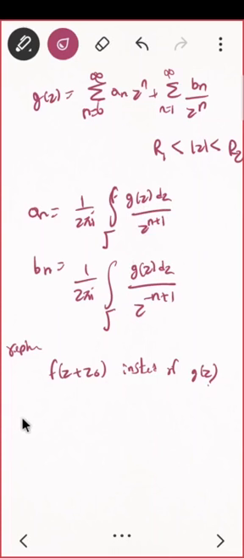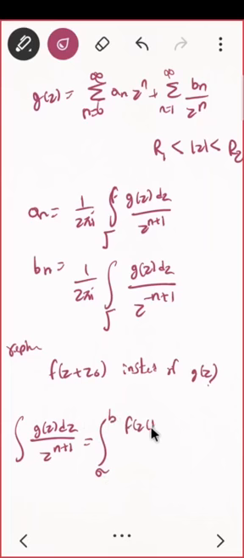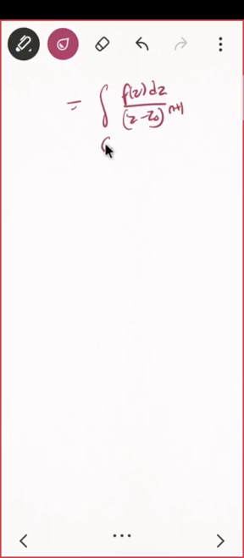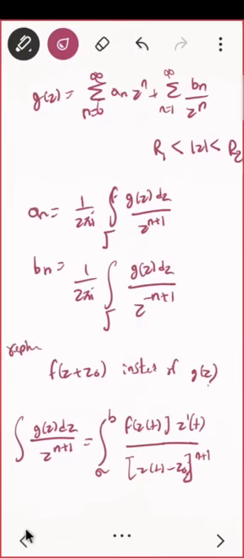Look at this integral g of z dz upon z raised to n plus 1. If you replace g of z, it will be of the form f of z of t into z dash of t upon z of t minus z naught raised to n plus 1. And this you can write as integral f of z dz upon z minus z naught raised to n plus 1 over c. The same happens for bn.